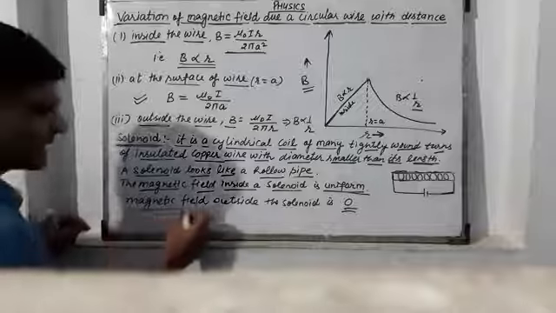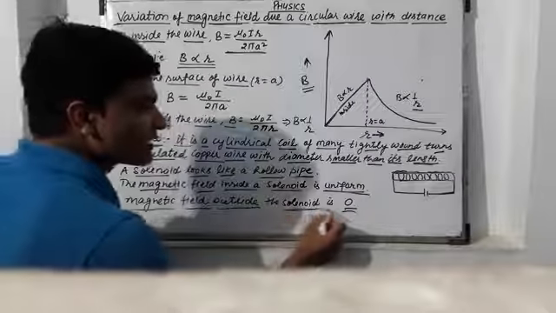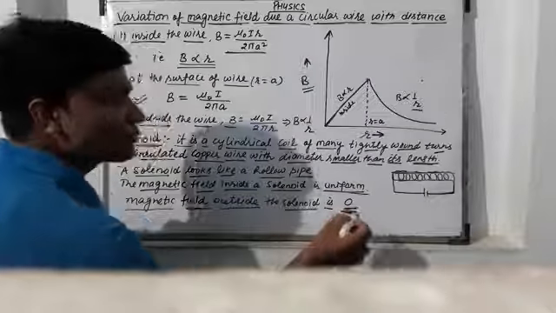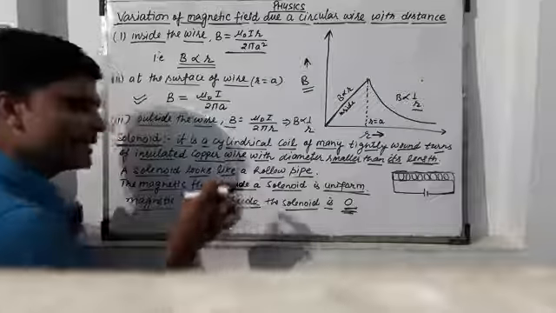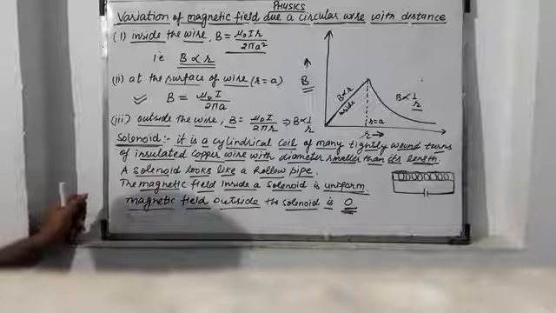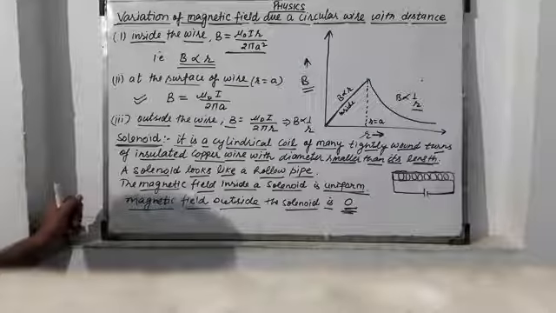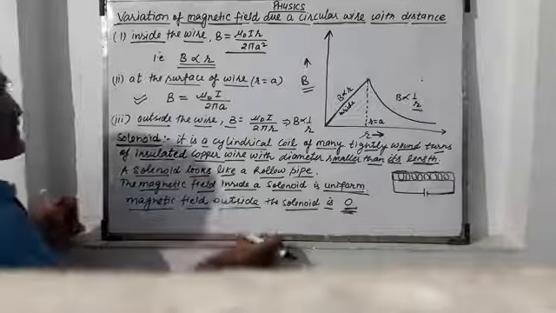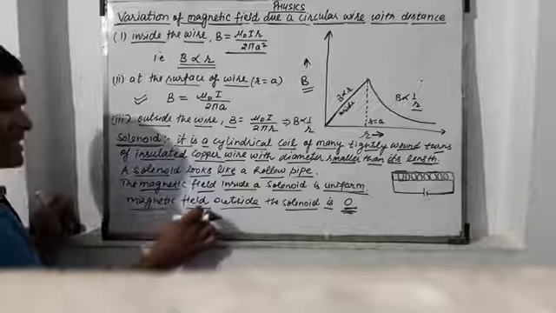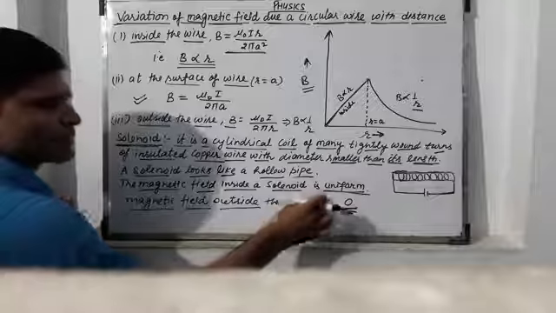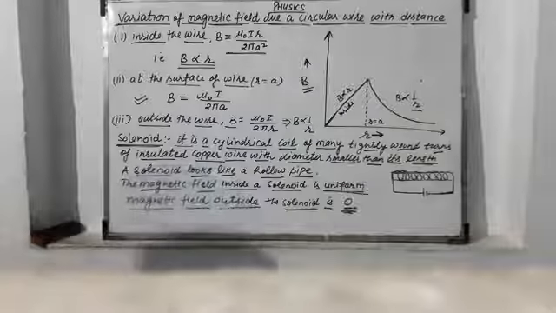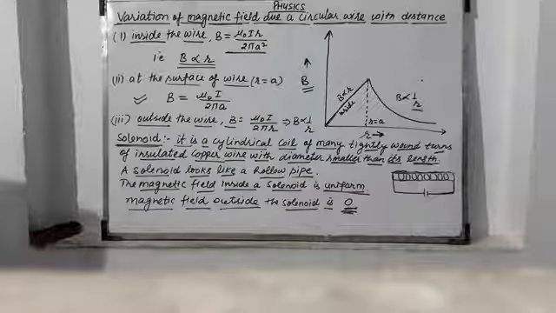The magnetic field outside the solenoid is zero because very few magnetic field lines pass through that region. So we consider the magnetic field outside the solenoid to be zero.